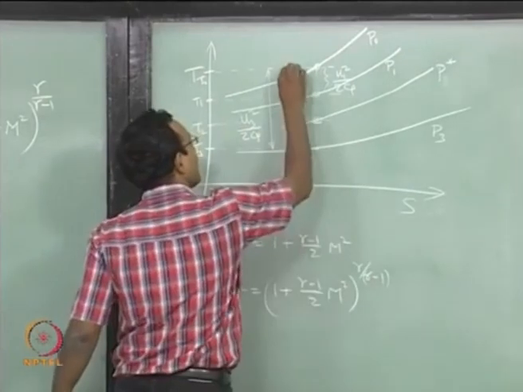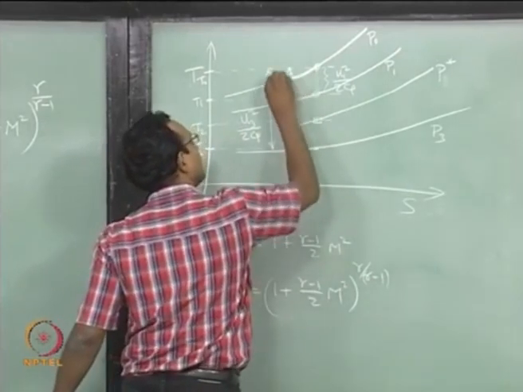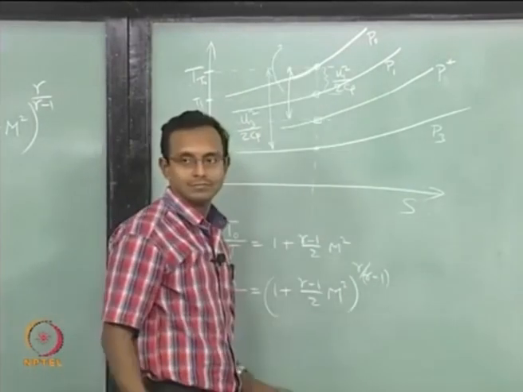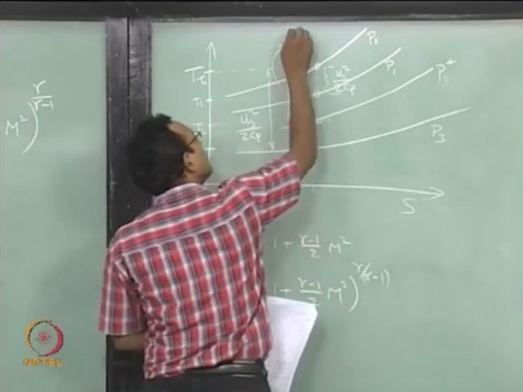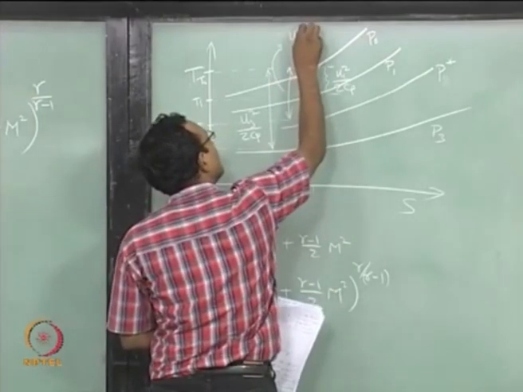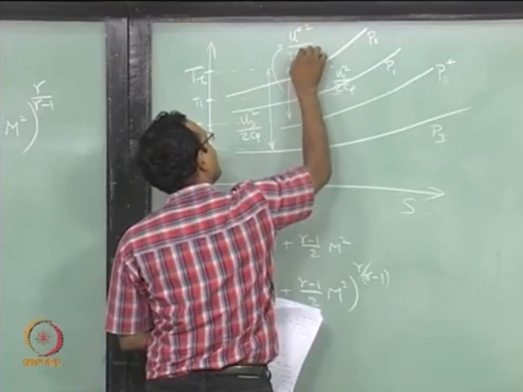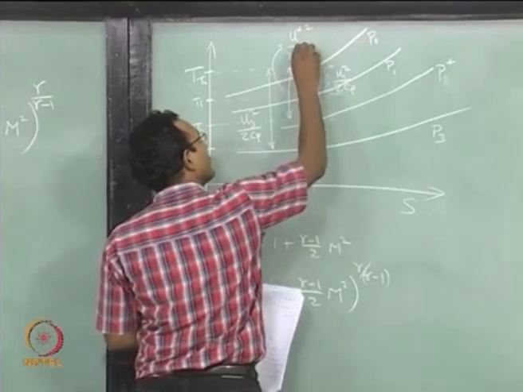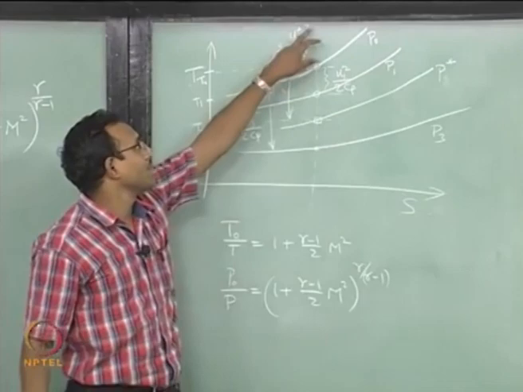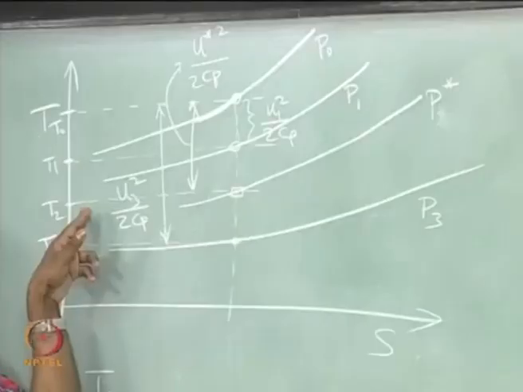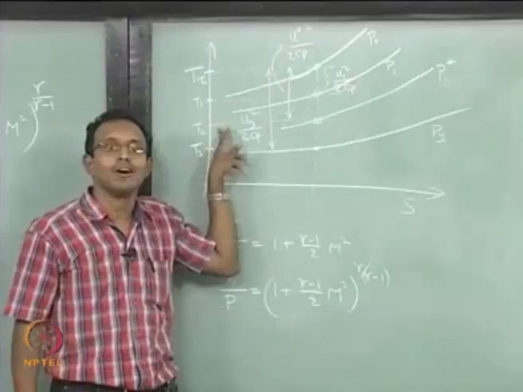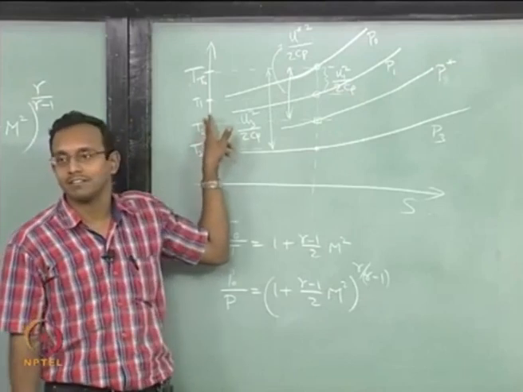So, now if I want to find this height, what will this be equal to? U star square by 2 Cp, where U star square can be now written in terms of gamma R T2, or this T2 will become T star anyway.